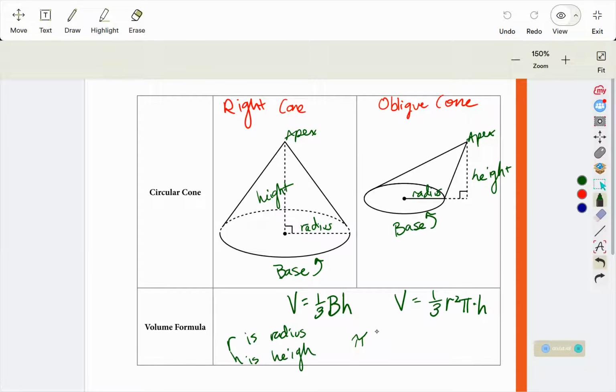This symbol stands for pi, which is approximately 3.14. The V stands for volume. Fill out that graphic organizer to help add to your notes for the formulas.